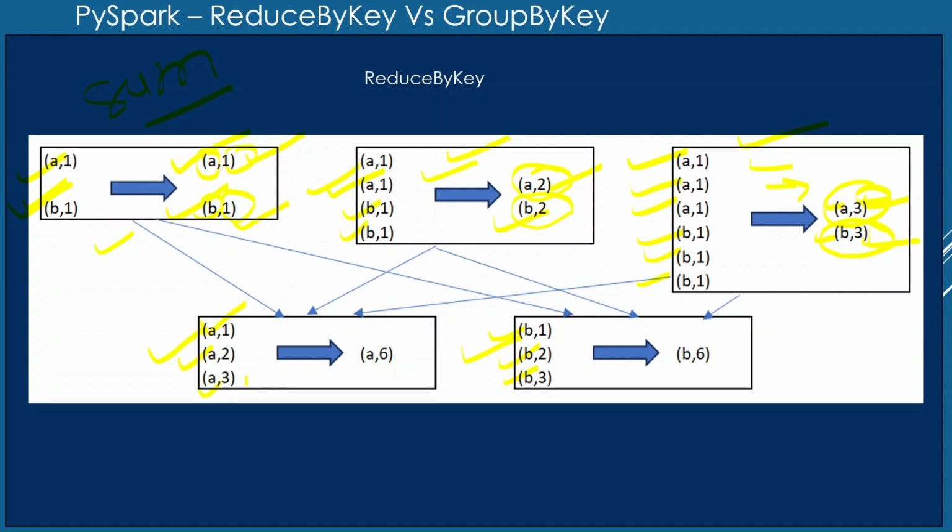And once the data shuffles and this partition gets created, then again some aggregation function happens on top of this partition, and we can see this is the final result: A is equal to 6, and B is equal to 6. So first the sum aggregation happens locally, then it shuffles the data, and again the sum aggregation happens to give the final result. This is the way the reduce function works.